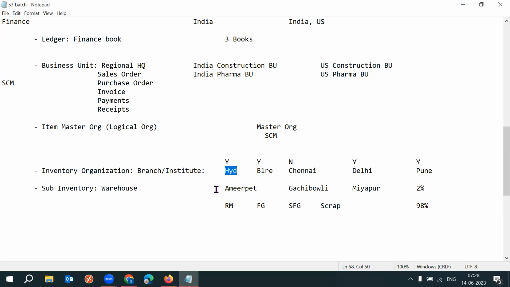I can ship the product from any of my warehouses. It is not relevant to the customer. They won't see from which warehouse we are delivering the product. They just see to which location, which branch, they have ordered. That's it. It's not a logical location, it's a physical one.